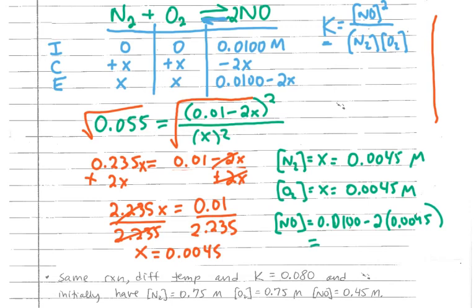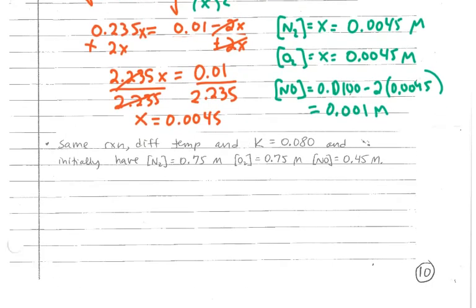So that equals 0.001 molar. Those are the final answers, the final concentrations. Once equilibrium is reached, these are the concentrations of each of the species in this reaction.